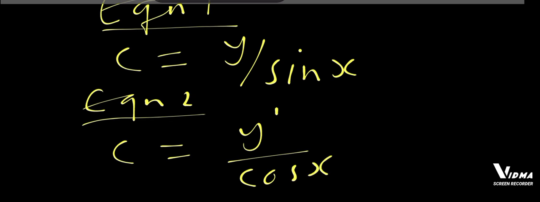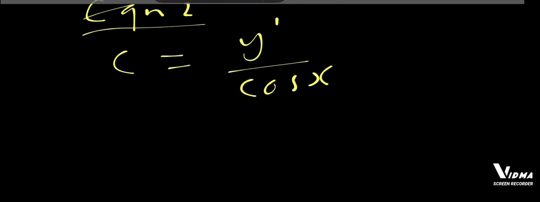So mathematically, we are saying since c is equal to y over sine x and c is equal to y prime over cos x, we can equate these to the right hand side.